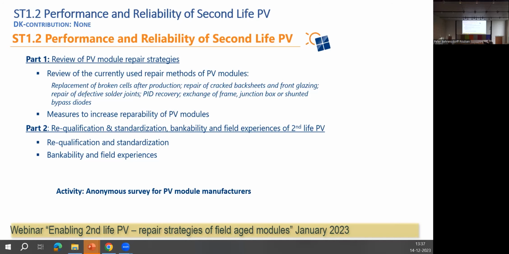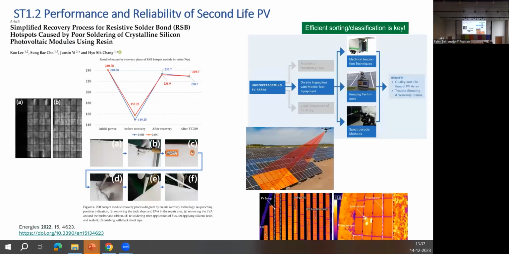As an example, you have these two examples, where the pictures to the right illustrate how it may be useful to use drone systems or other classification methods to figure out which of the modules are actually operative or defect before they are demounted.